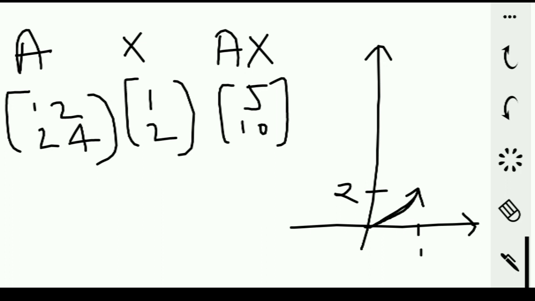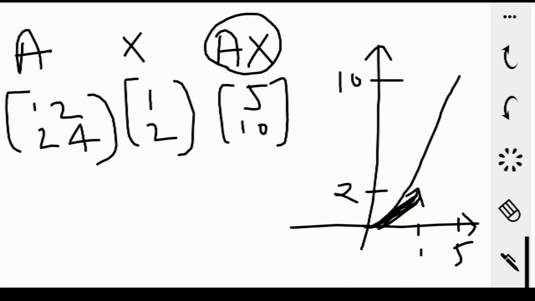So this is your column vector. By multiplying it with A, you get 5, 10, meaning in the x it will be 5 and in the y it will be 10.